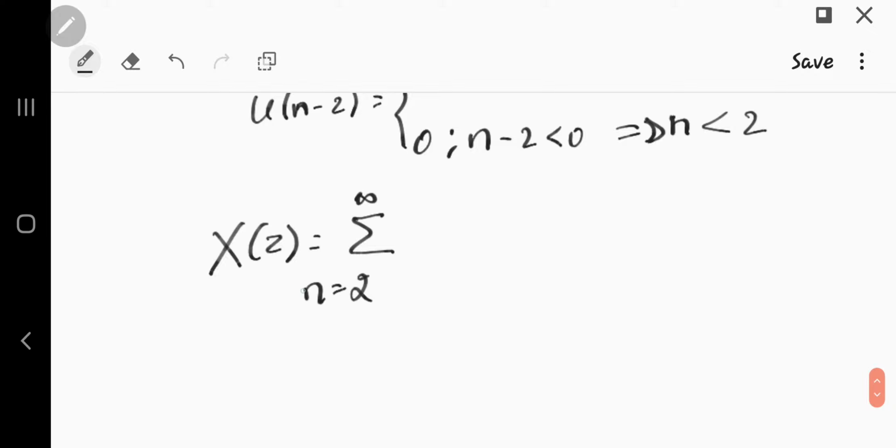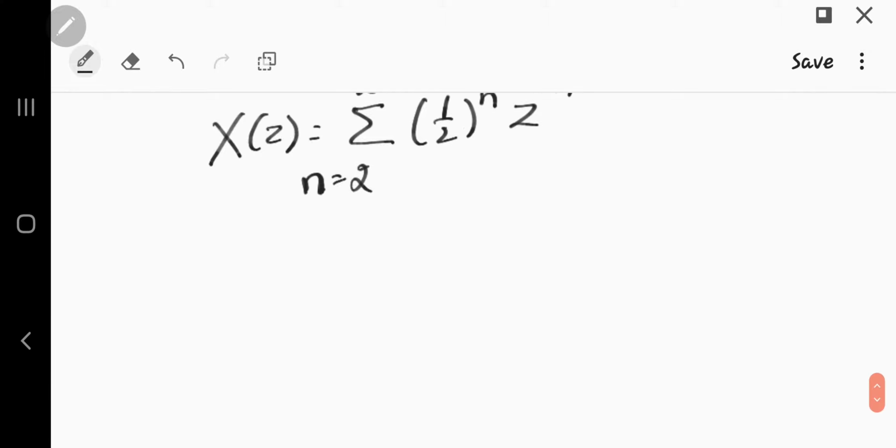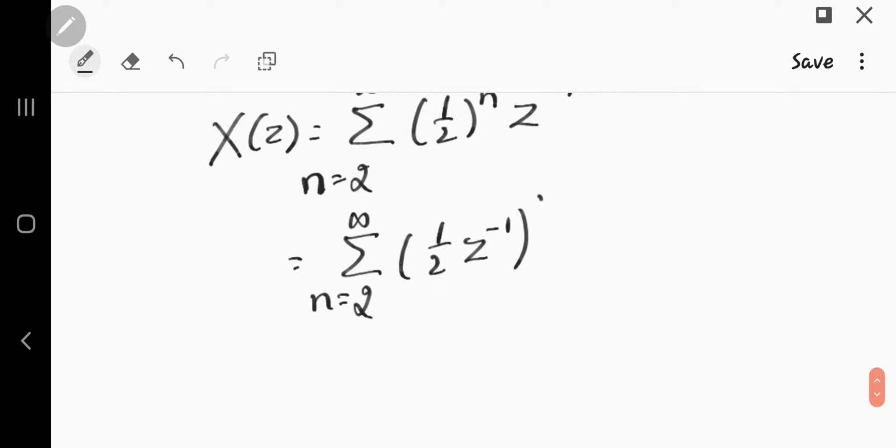Instead of minus infinity to plus infinity, it is present for values which are greater than or equal to 2, and x of n is 1 by 2 to the power of n z to the power of minus n. Now, if you combine this, we get 1 by 2 z inverse to the power of n. So, I will call this 1.